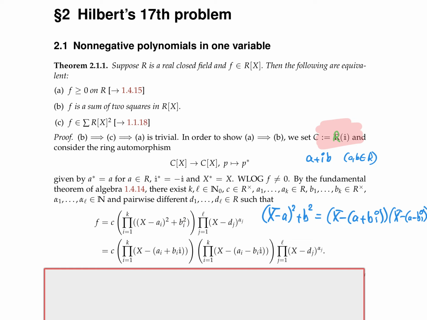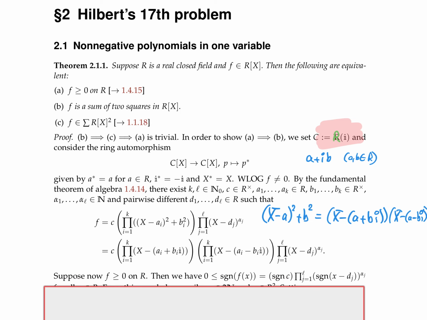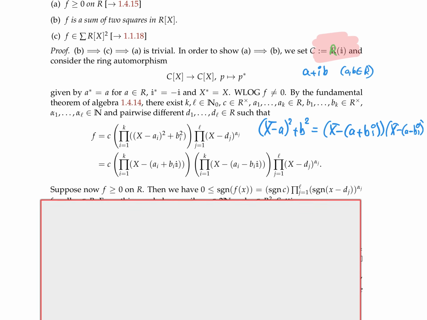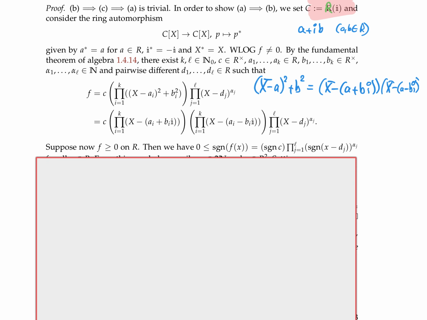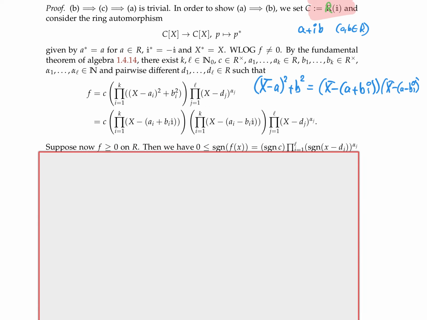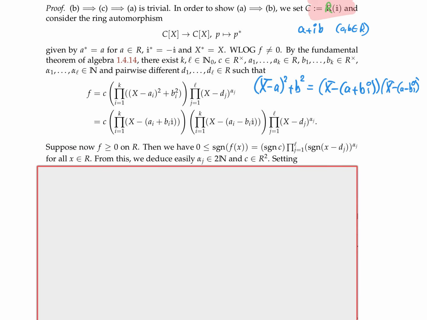And now I pack one of these linear terms, one of the two linear terms, into one polynomial, and the other I pack into the other polynomial, right? Now suppose that f is non-negative on R. For each x in R, we have that the sign of f of x is greater than or equal to 0.